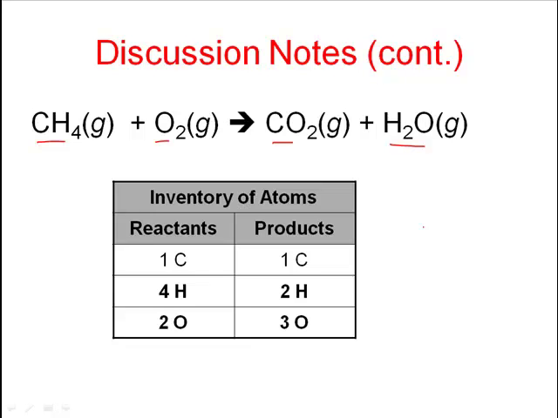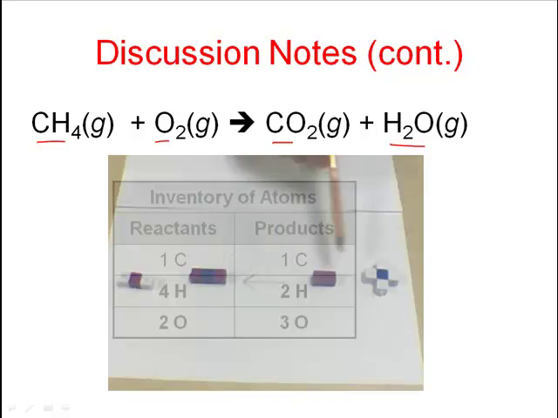On the product side, you'll see a carbon, 2 oxygens attached to it, and here we have 2 hydrogens attached to an individual oxygen. We've got 3 oxygens on this side, 2 hydrogens, and 1 carbon. So we can see very quickly that one thing that is equal on both sides is the number of carbons.